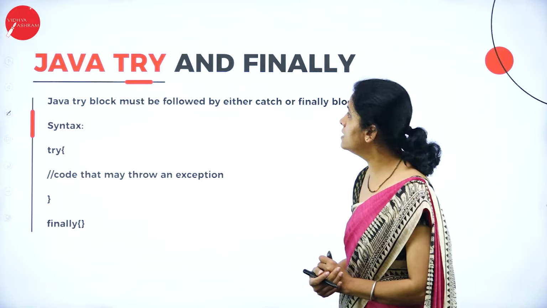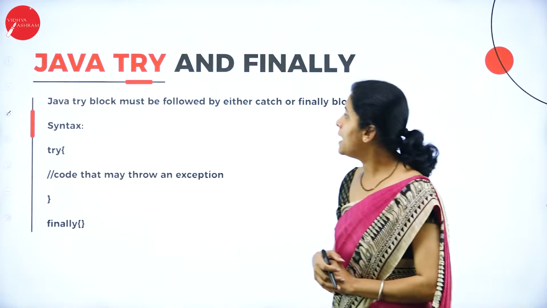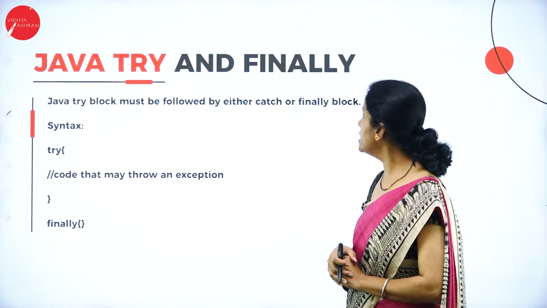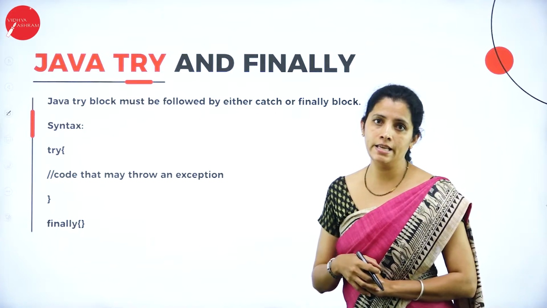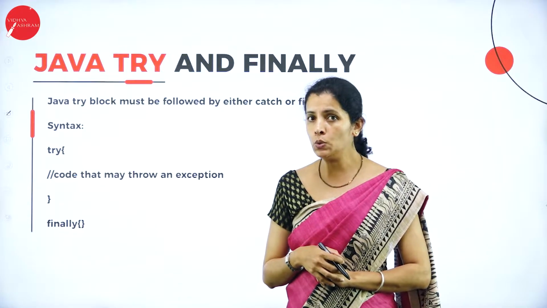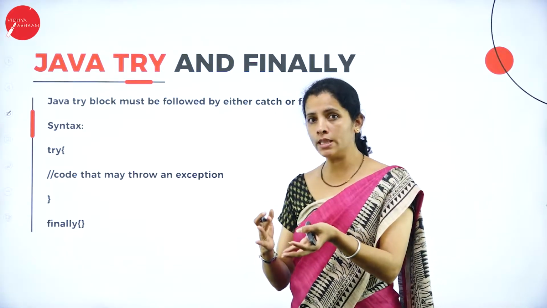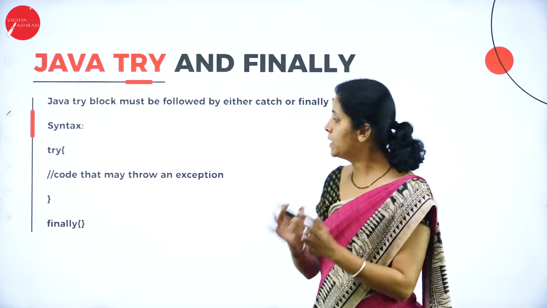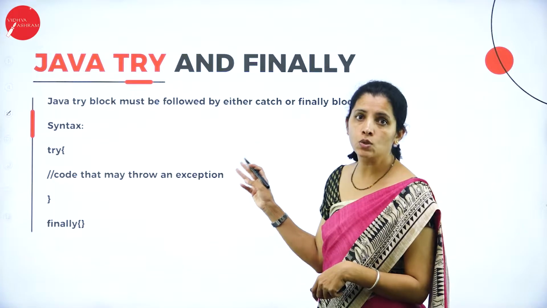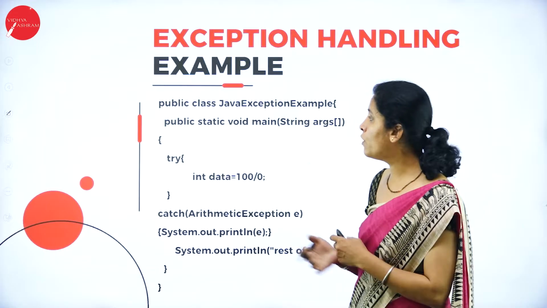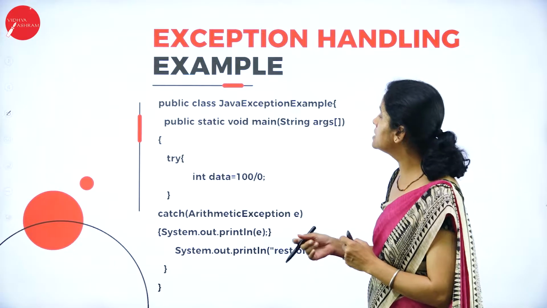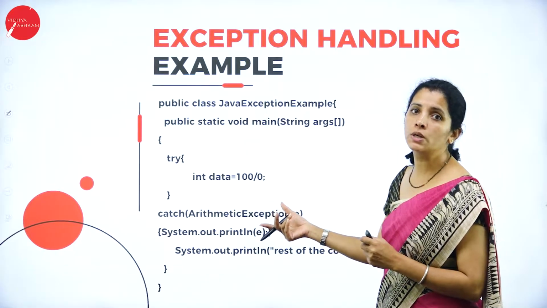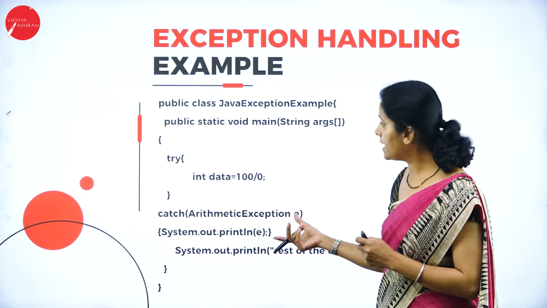So dear student, a Java try block must be followed by the catch block or finally. So if I use try, then I can use it with catch, or I can use try with finally. These are the 2 scenarios you have to follow. So dear student, this is a simple example used to illustrate exception handling.